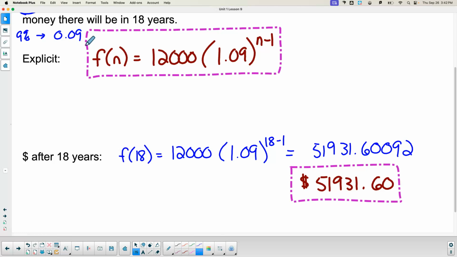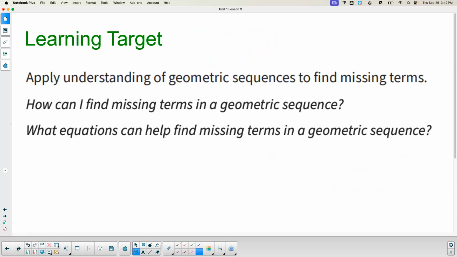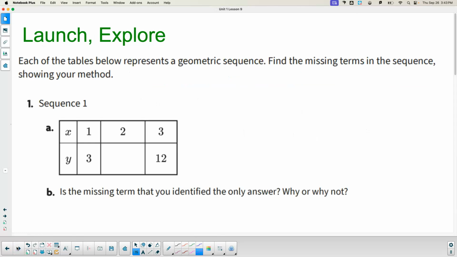Okay? So today we're going to be doing what we kind of did on Thursday with arithmetic sequences. We're going to be talking about geometric sequences now where we're not given consecutive terms. How we go about doing this is we take our first number, 3, that's going to start our equation.